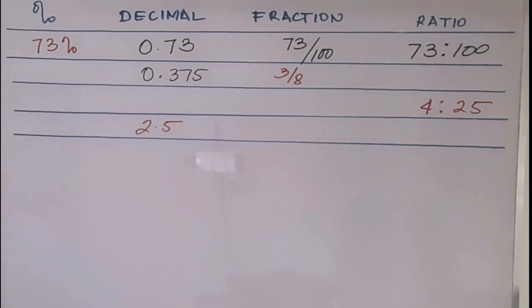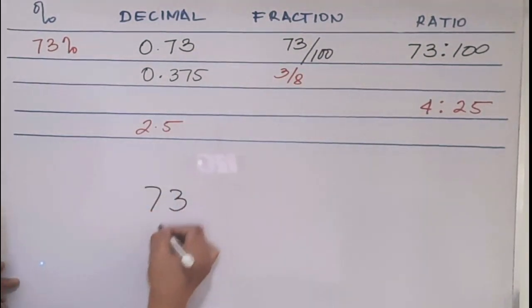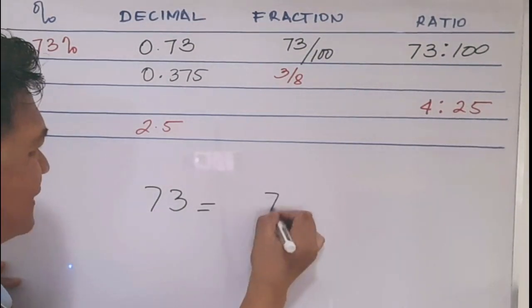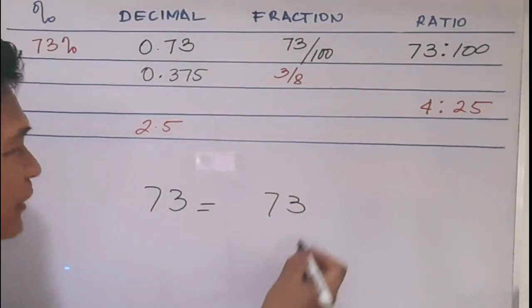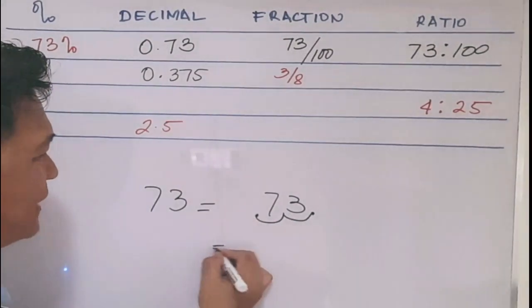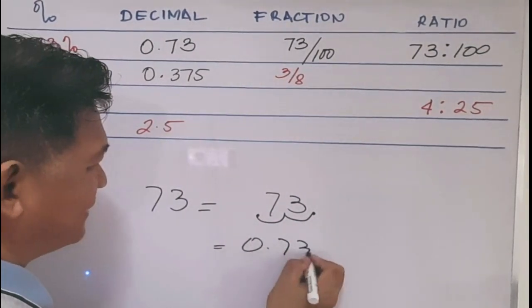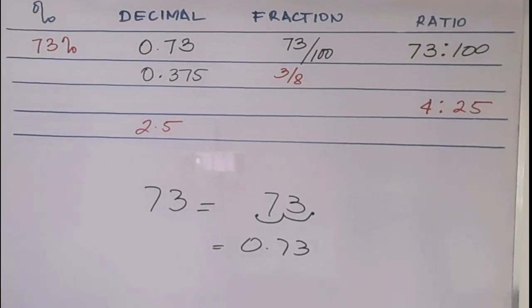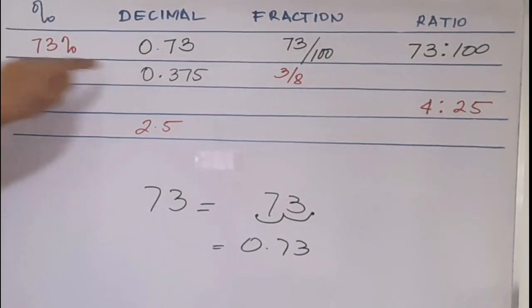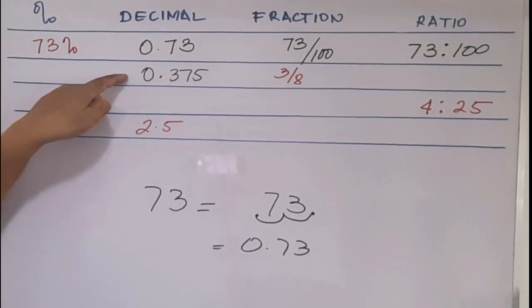Before, when we converted 73% into a decimal, we moved the decimal 2 places to the left, so that becomes 0.73. To convert a decimal into percentage, we do the opposite.